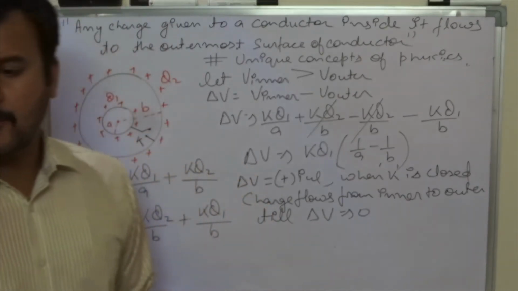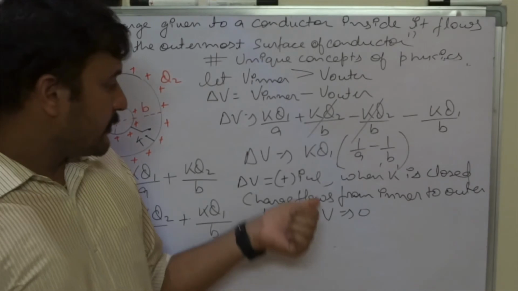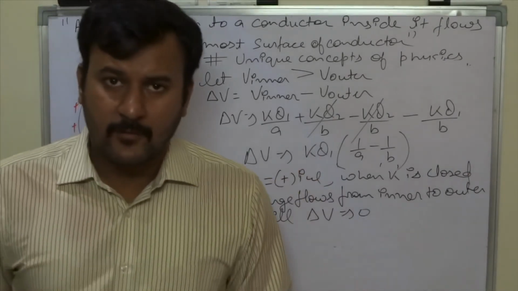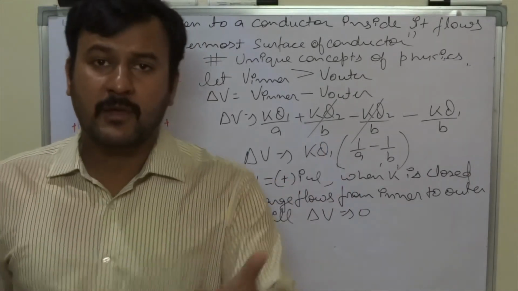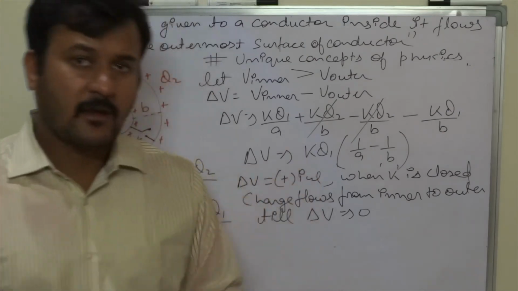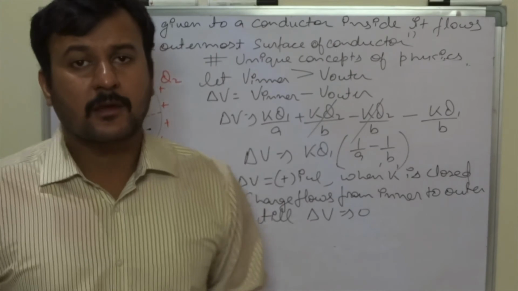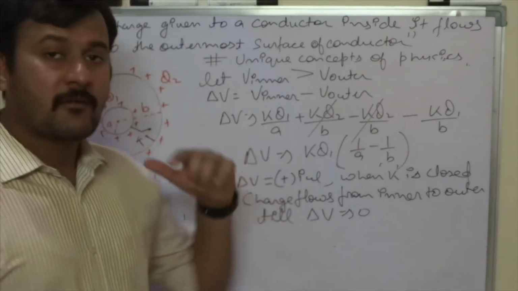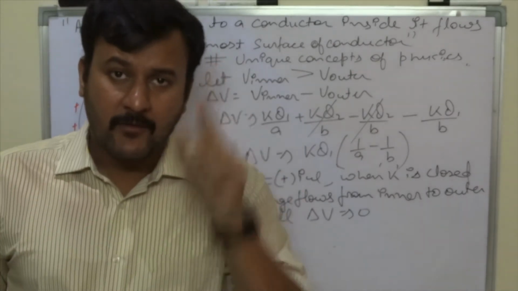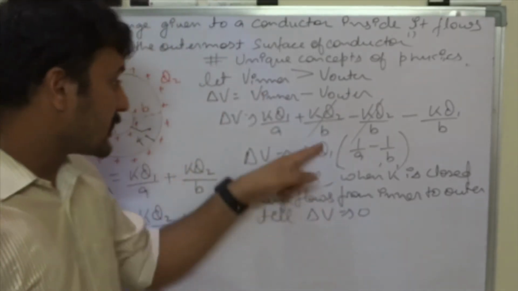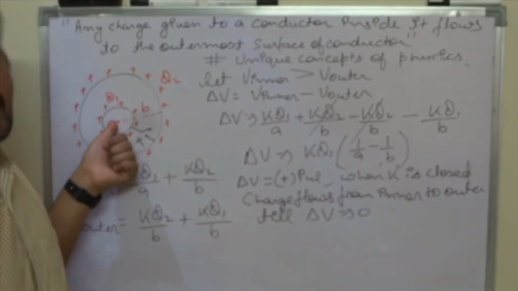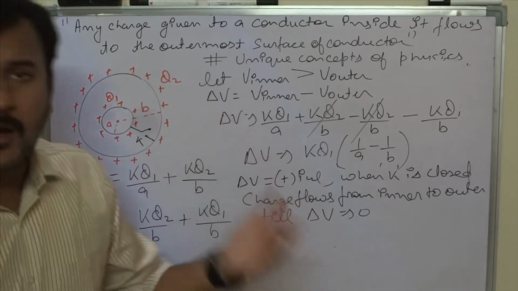The other possibility is that if this charge q1 becomes 0, then delta v can be 0. So I can conclude that delta v will become 0 after the complete charge q1 on the inner sphere comes on the outer sphere.